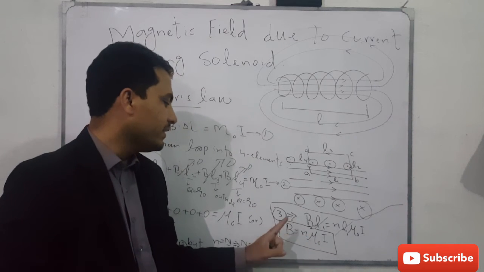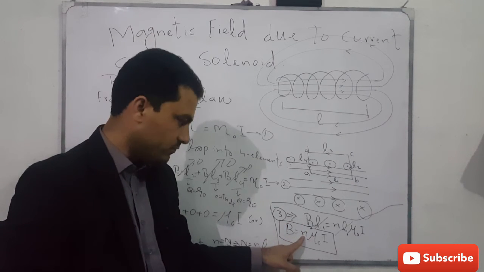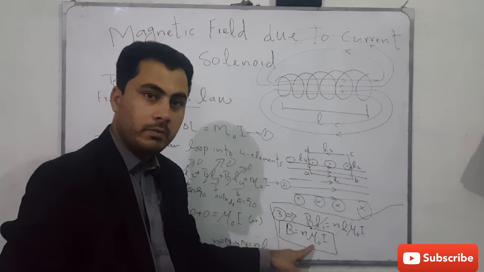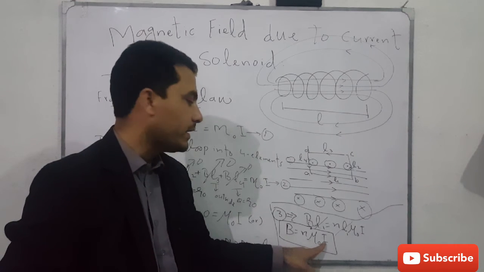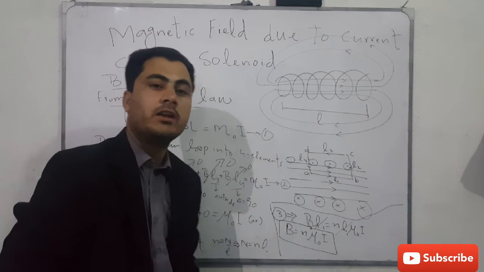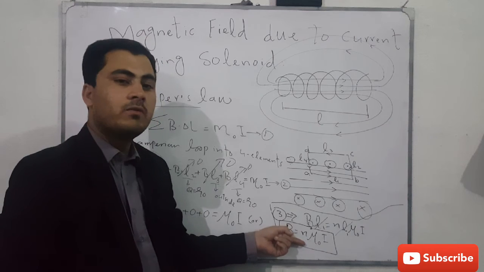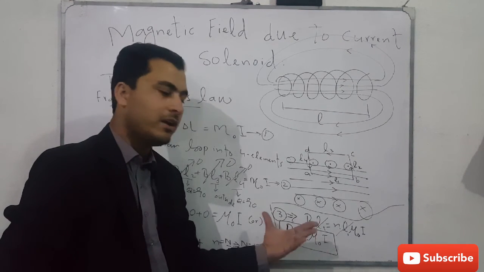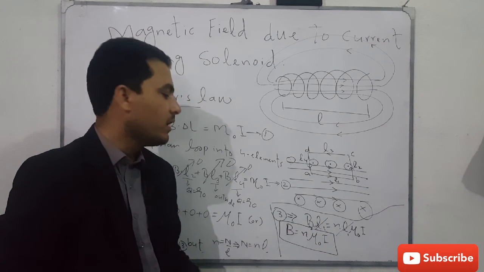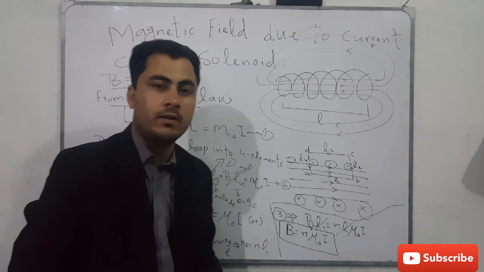This means that the magnetic field depends upon the number of turns per unit length, the magnetic permeability and the current passing through the solenoid. This is our final equation, and we can solve different problems with its help. It is a very basic and fundamental equation of the solenoid. After this we can also find the magnetic field for a toroid.